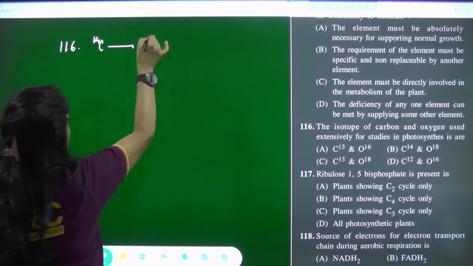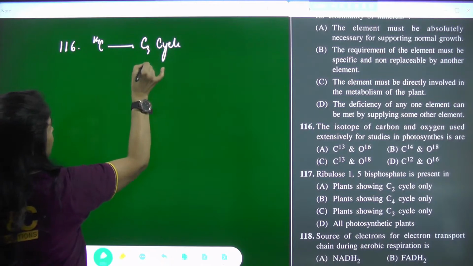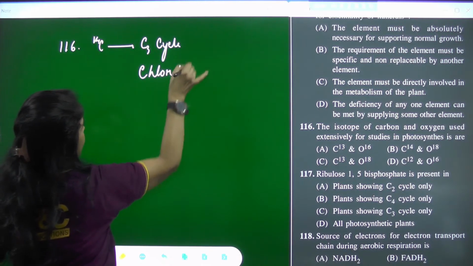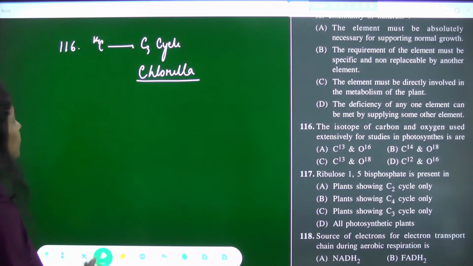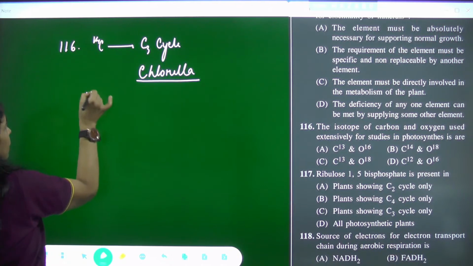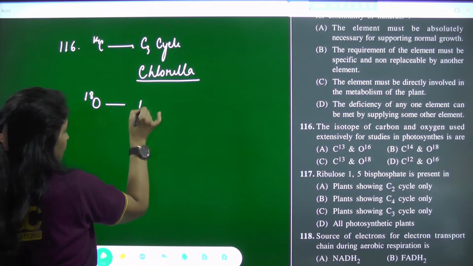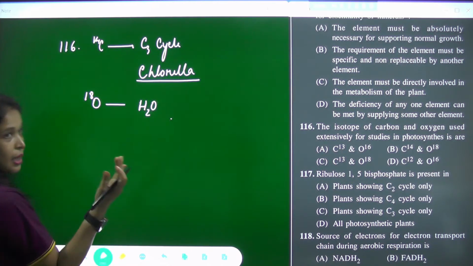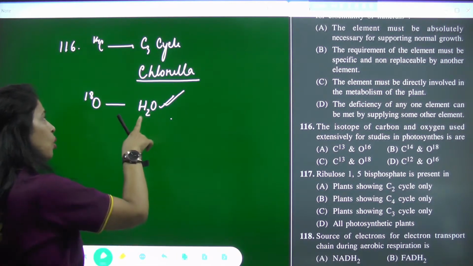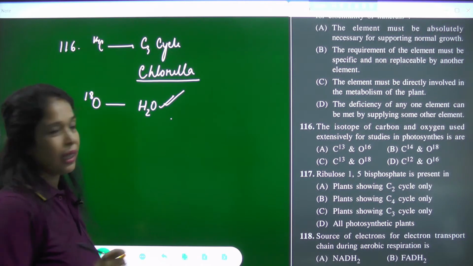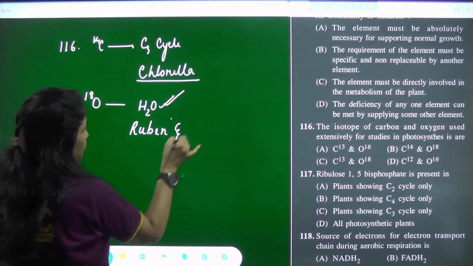C14 was utilized for the discovery of the Calvin cycle pathway, and the experimental organism chlorella was treated with C14. Then O18 was utilized to prove that the source of oxygen in photosynthesis is the water molecule. Oxygen evolution occurs from water splitting only, and it was discovered by scientists Ruben and Kamen.